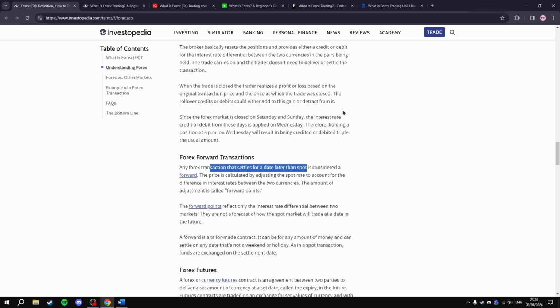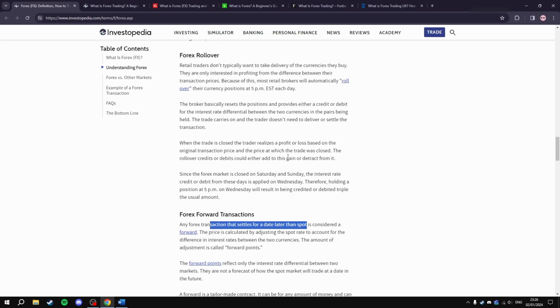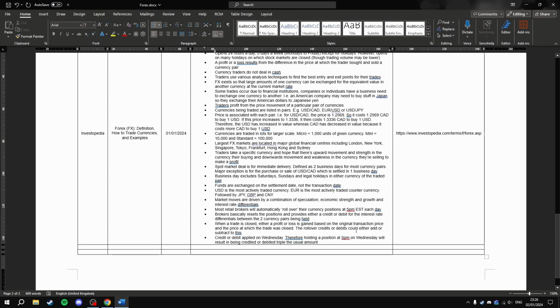I'm guessing the spot is... when is spot actually? Maybe it's the rollover date? I'll just write that down anyway, and we can come back to this later.